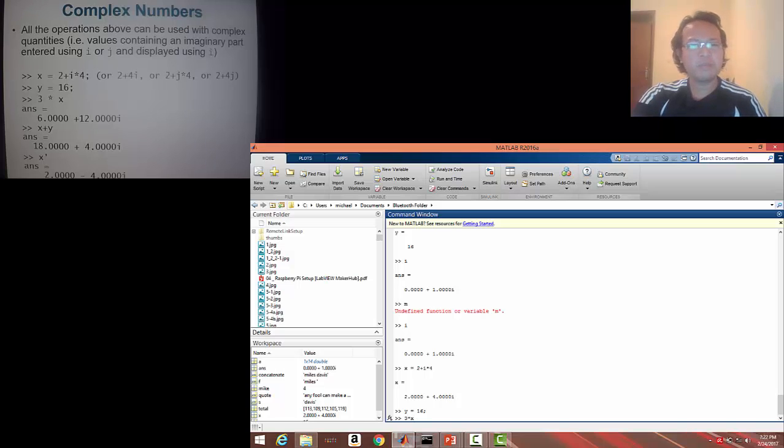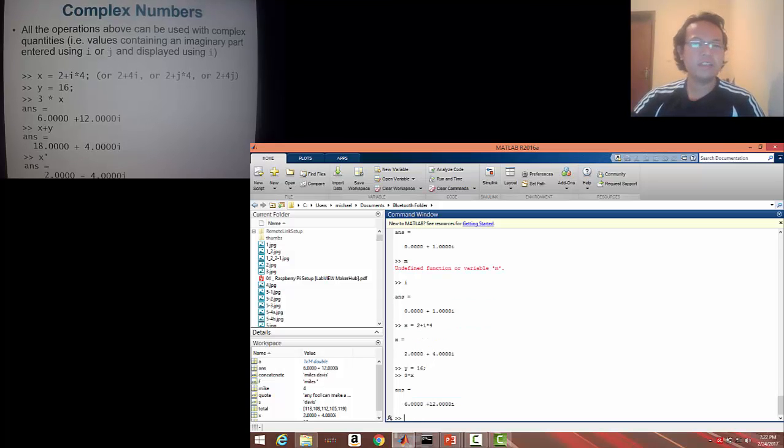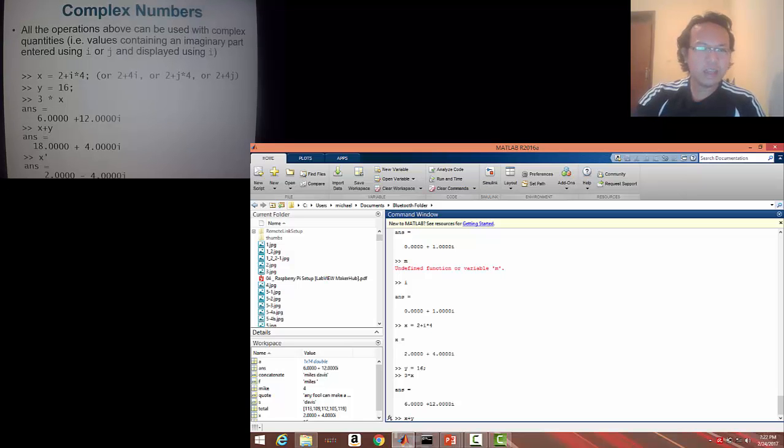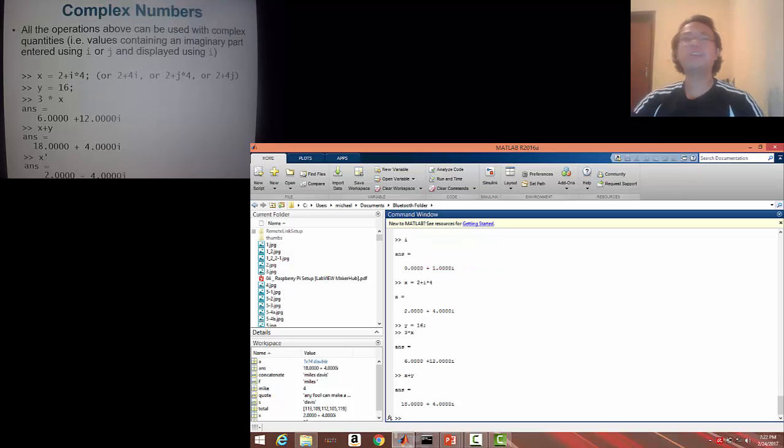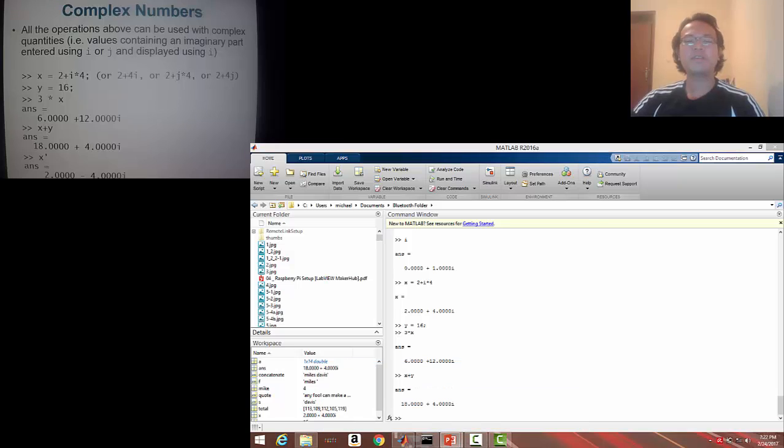That is 6 plus 12i. Okay. Can we do x plus y? Of course we can do that. x plus y is 18 plus 4i. Okay, and so on. So that's how MATLAB does the basic computation.